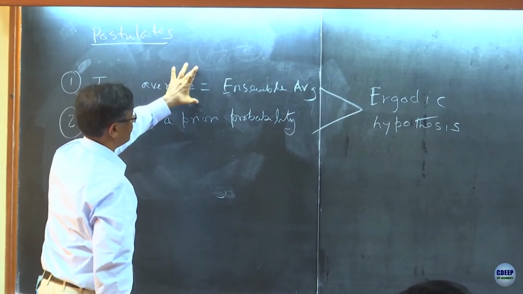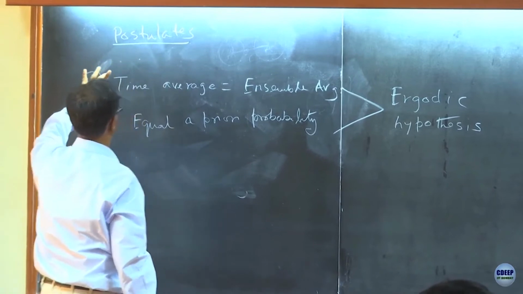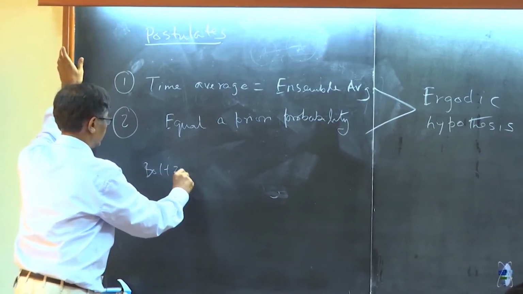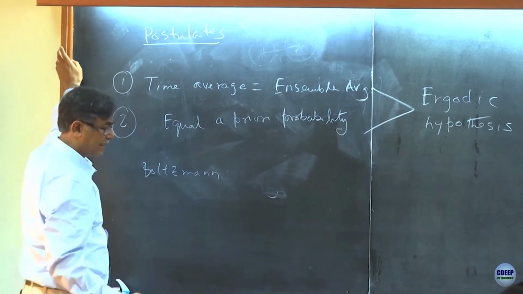How did that come? It came because Boltzmann tried very hard to develop a kinetic theory of gases.